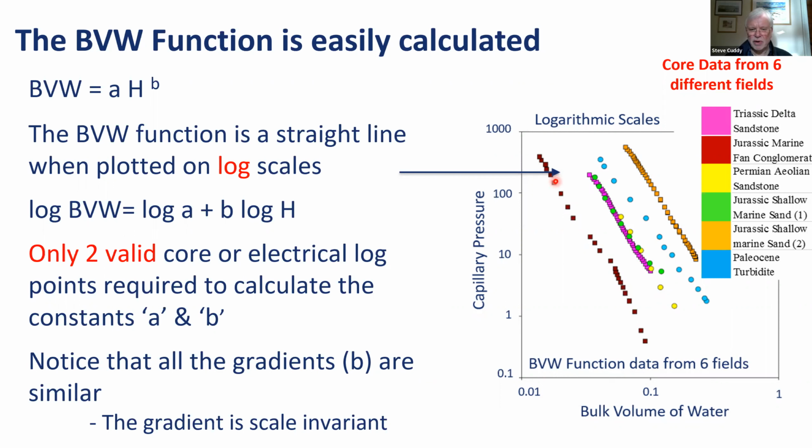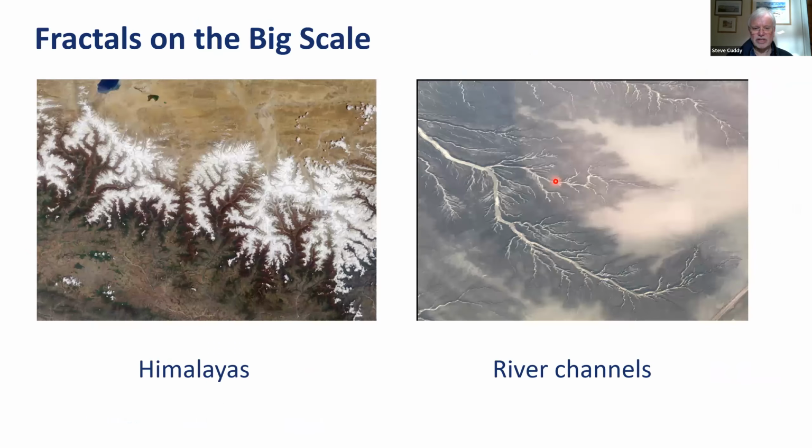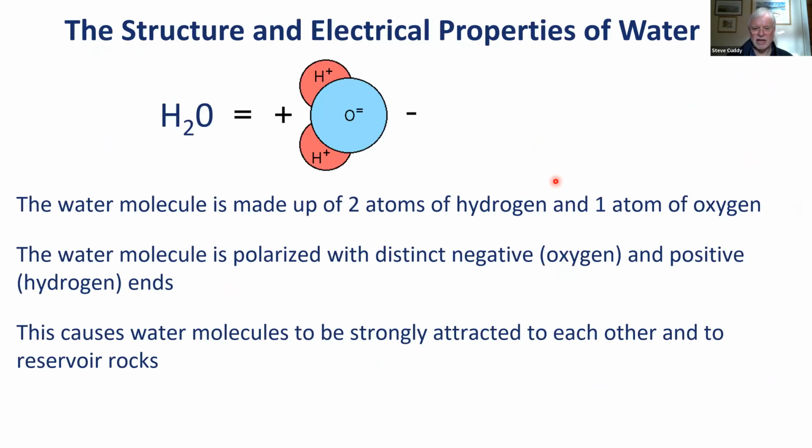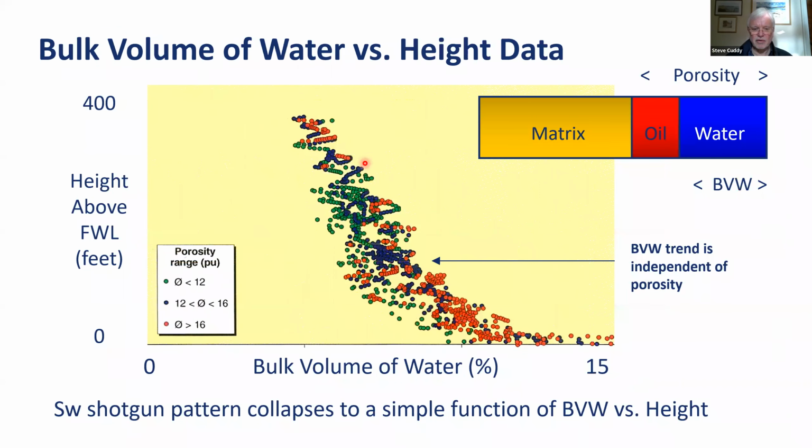So the BVW is indicated from the core data alone that there is no change. But I did say earlier on that there is still a residual scatter in your data here.